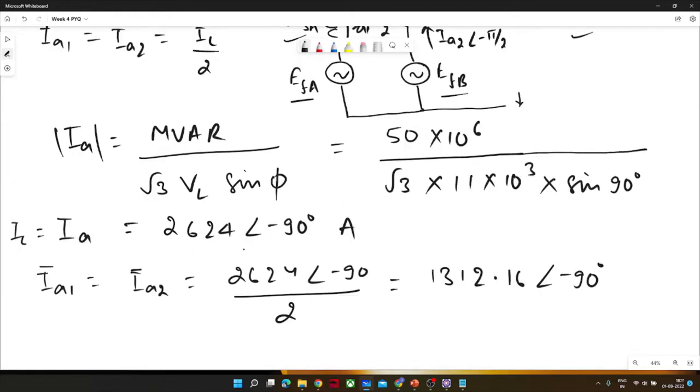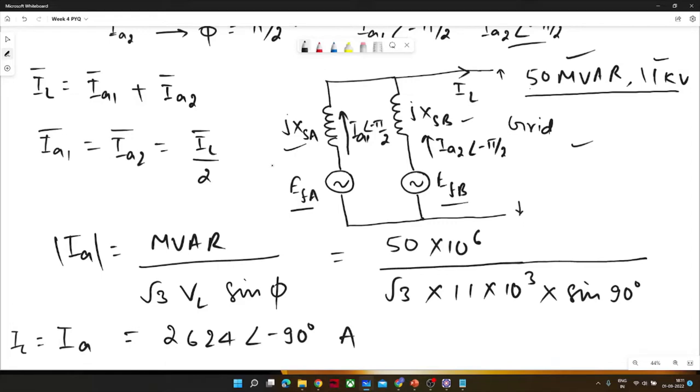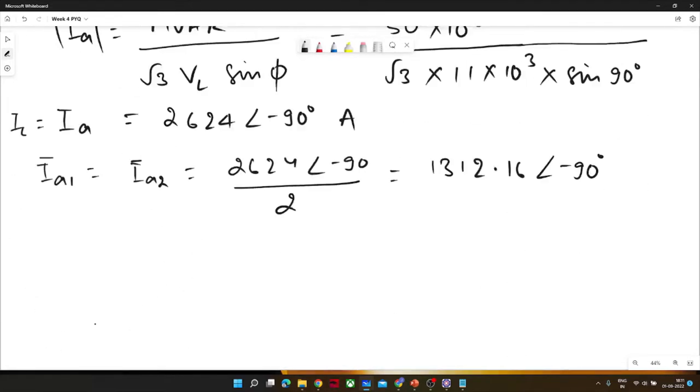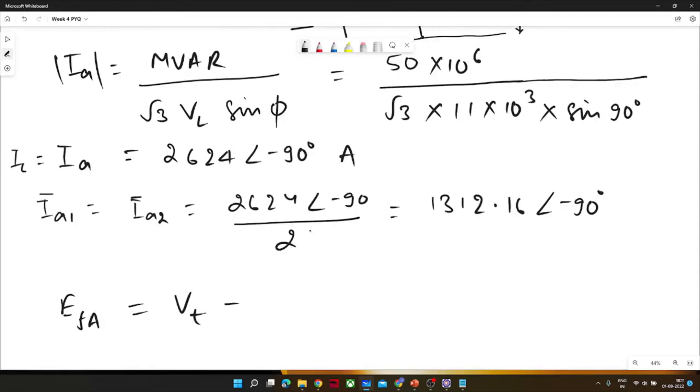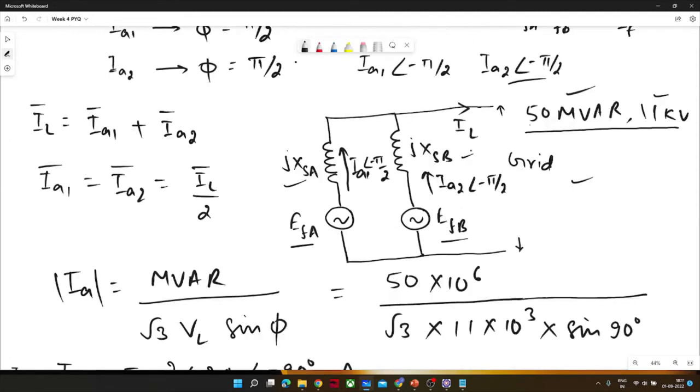We now know IA1, IA2, and we know XSA, XSB, so we can calculate EFA. EFA is equal to VT minus J IA XS. This is like a synchronous motor, and in a synchronous motor VT is higher than EF, because the supply will always be higher than the generated voltage.